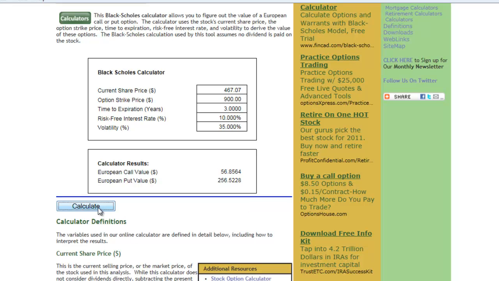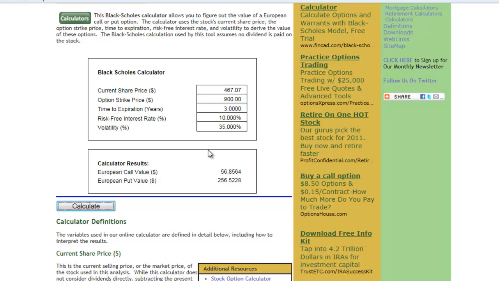So if we hit calculate, it's going to give us an option value, and notice it says European call value, and that's okay because a European call value means it's at the end of the option period, where an American call value would be any time.